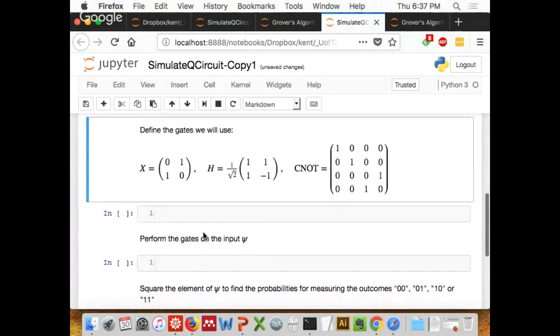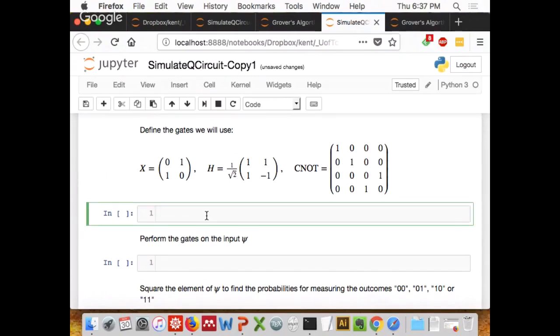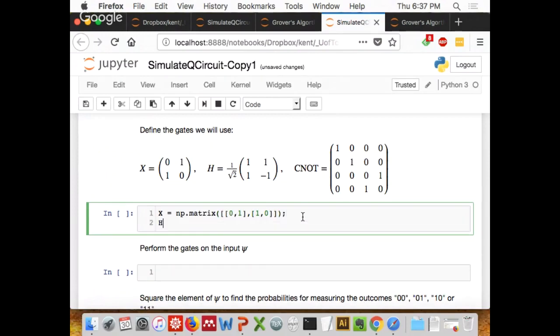Okay. Now next we want to define the gates that we're going to use. So in this one, we're going to use the X gate, the H gate, and the C0 gate. So again, let's type out these matrices. The X gate is a 0 and a 1 in the first line, and 1 and 0 on the second line. The H gate, I'm going to just put the 1 over square root 2 to the side.